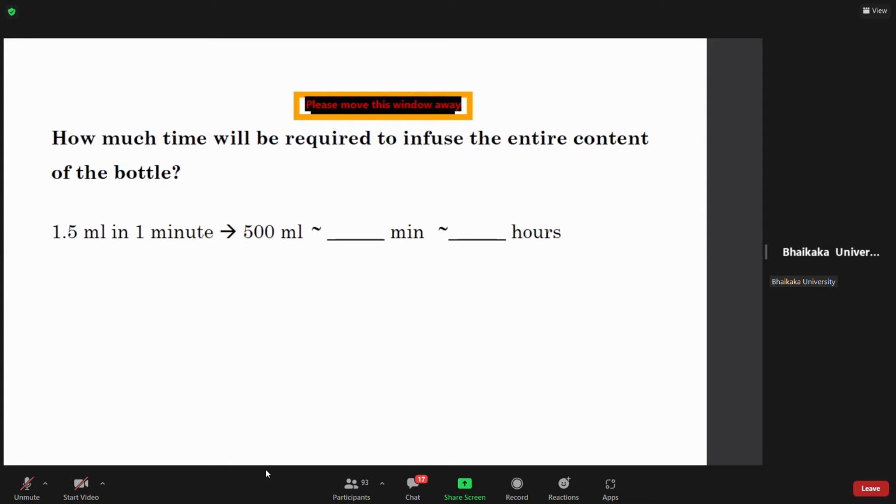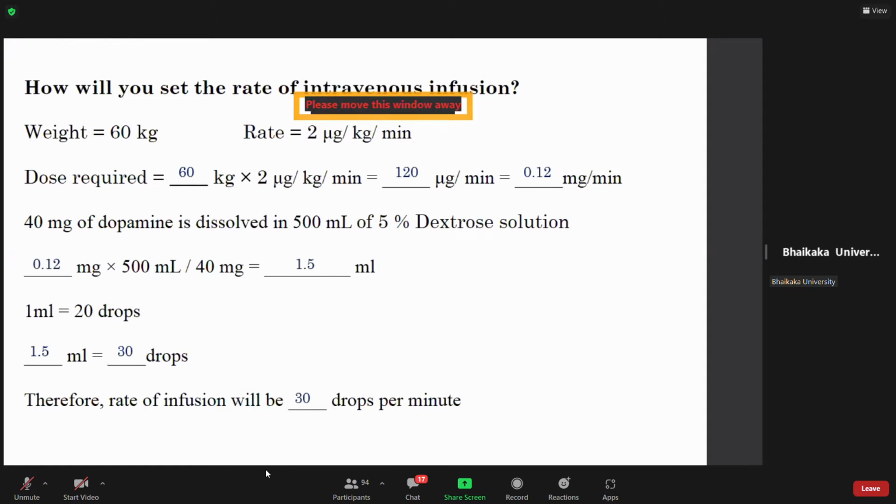Coming to second question. How much time will be required to infuse the entire content of the bottle? As we have seen here, we are administering 1.5 ml of the solution in 1 minute. So for the administration of 1.5 ml of dopamine, we require 1 minute.